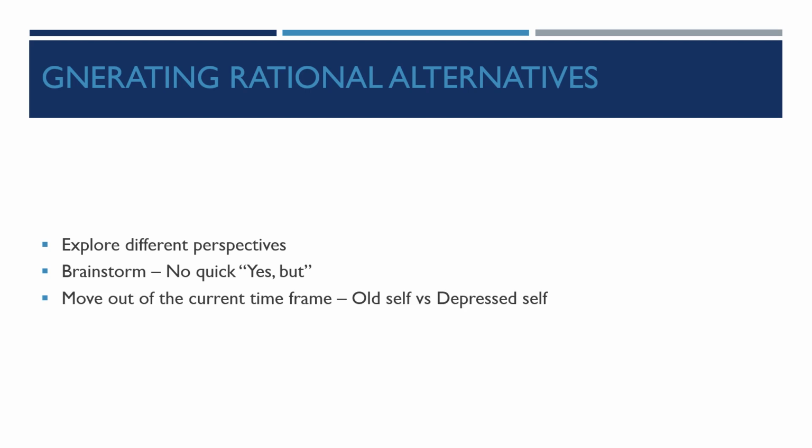One helpful way to do this is to remind your clients that there were times that they were not depressed, right? They might see things this way because they are very depressed currently.